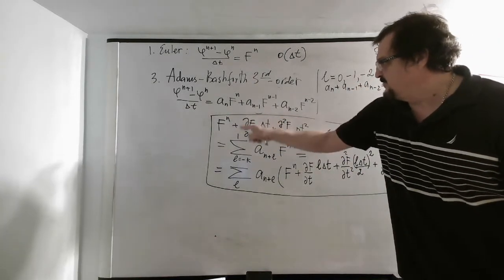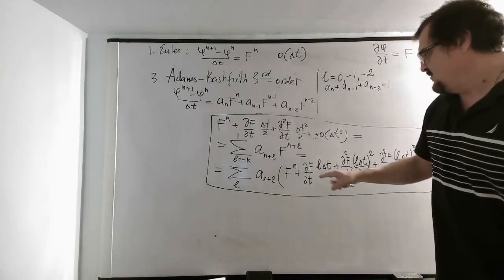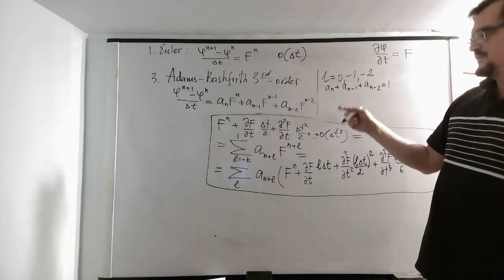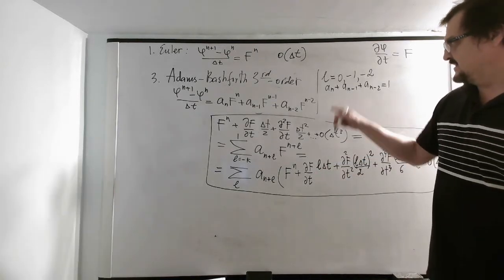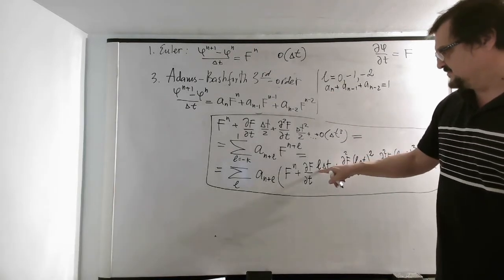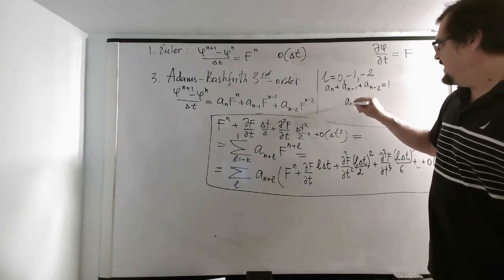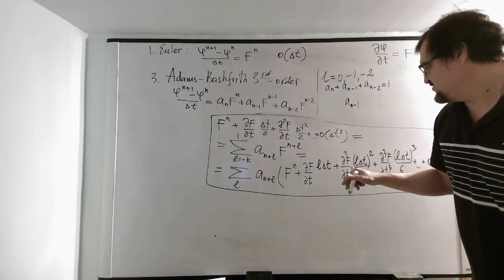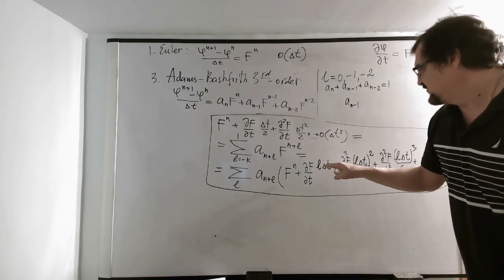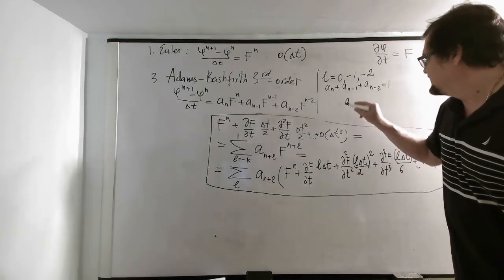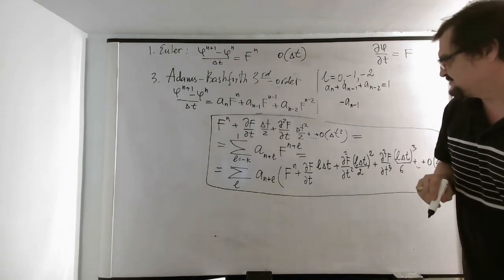So now for the first derivative of f, this coefficient a n again equals to 0, because the index in front of it, L, equals to 0, so we don't consider it. For a n minus 1, L equals to minus 1, so it's minus 1 here.